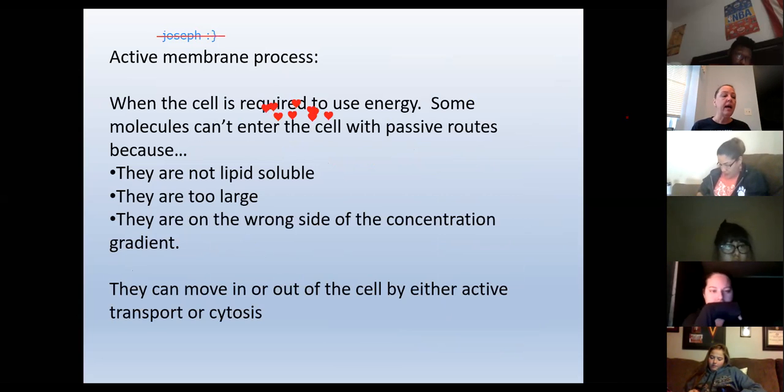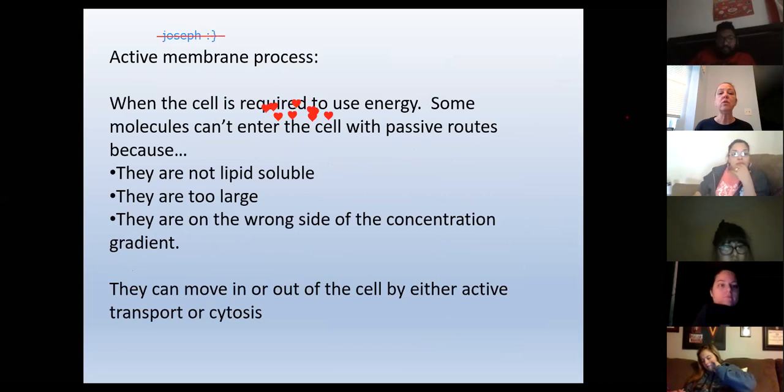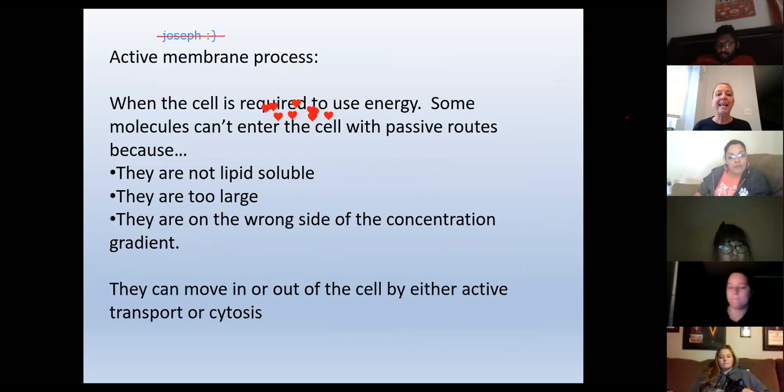All right, so active movement is movement that is going to require energy. Some molecules can't enter or exit the cell. Maybe they're not fat soluble. We know that water soluble things are definitely going to require energy. If they're too big, humongous molecules, they're definitely going to need energy to move in and out of the cell.